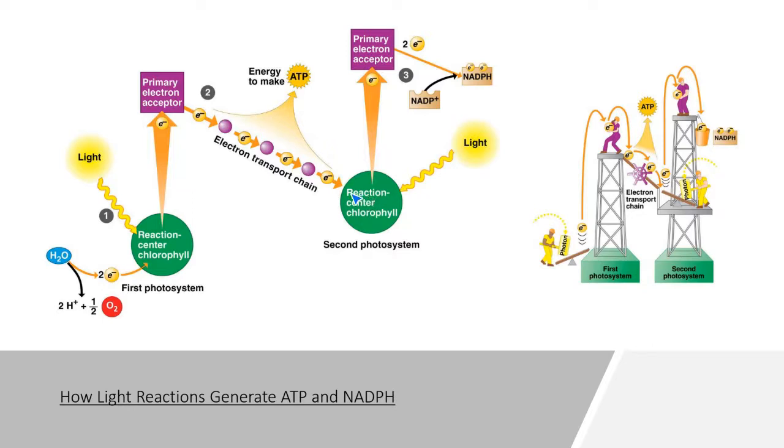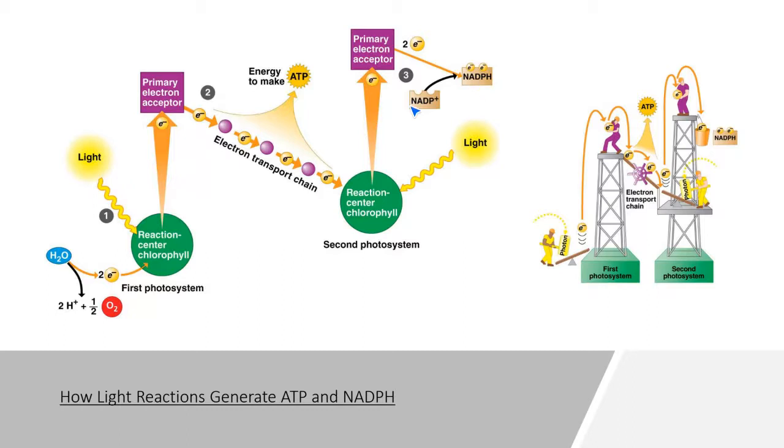But what happens to this electron? Well, let's put more energy into it, okay? And this light energy is going to energize this electron again. So this electron gets really, really excited. It's very full of energy, goes through another small electron transport chain and ends up, okay, these 2 electrons end up in a molecule NADPH, okay, NADPH.